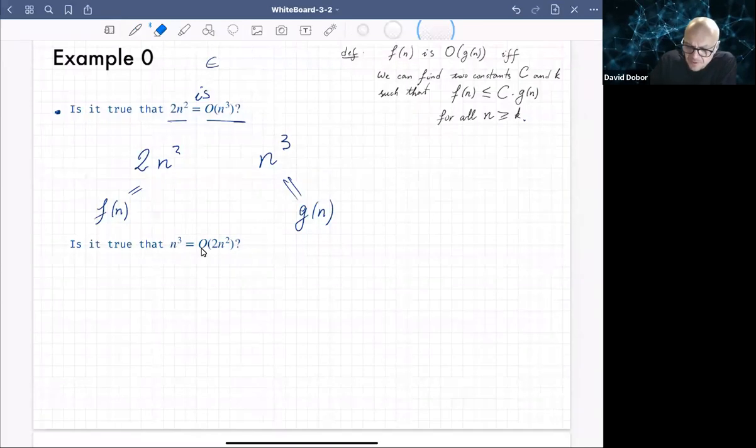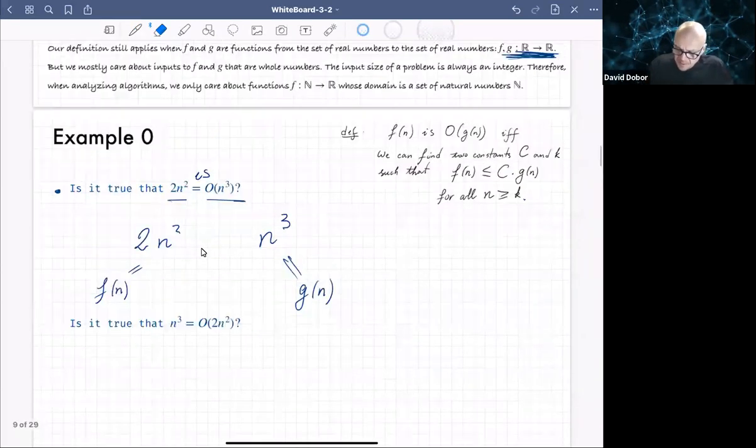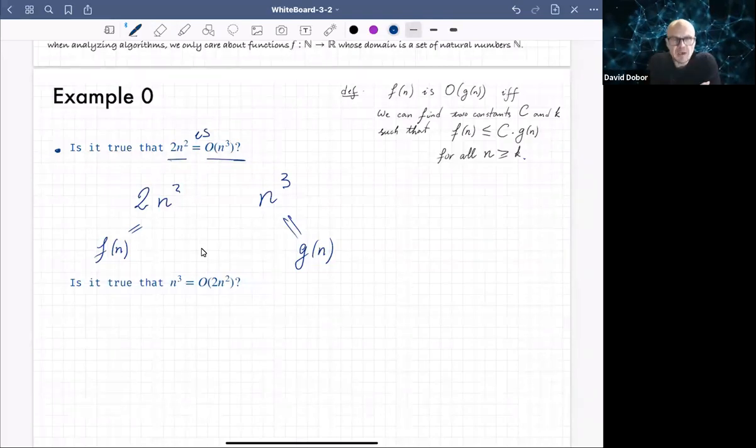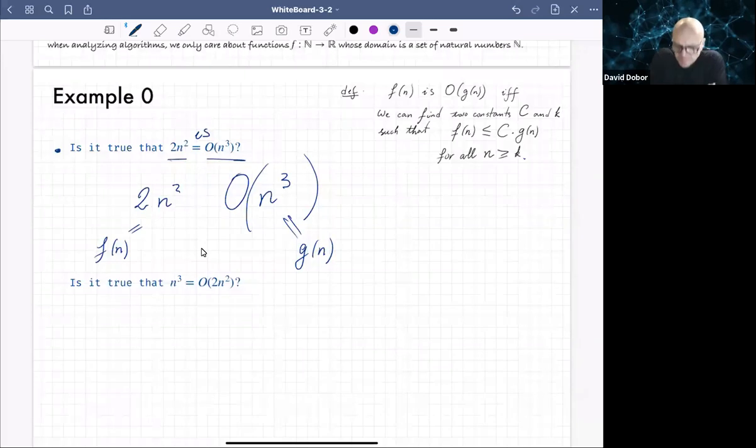But let's not further confuse this issue. Let's just stick with this definition and say, is f of n big O of g of n? My g of n is n cubed and my f of n is 2n squared. Just some functions. Is it, according to this definition?